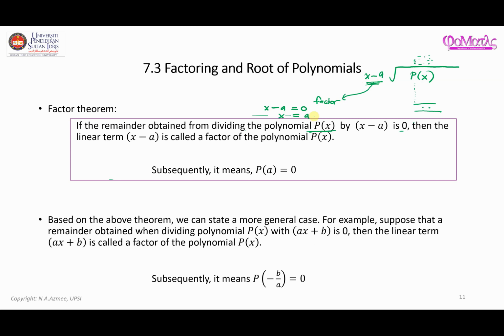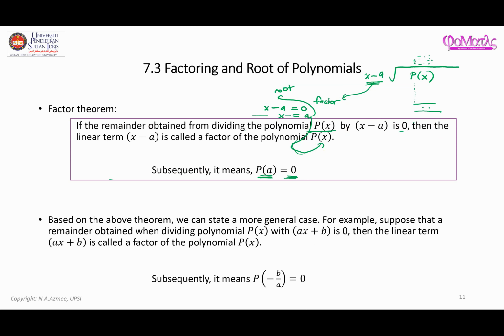So x equals to a, so a is actually the root, okay, one of the root of the polynomial function. So because of that, if you substitute a into the function, so you substitute a into x, you will get pa, and the value is going to be 0. Okay, so that is the meaning of this statement given in the purple box here.